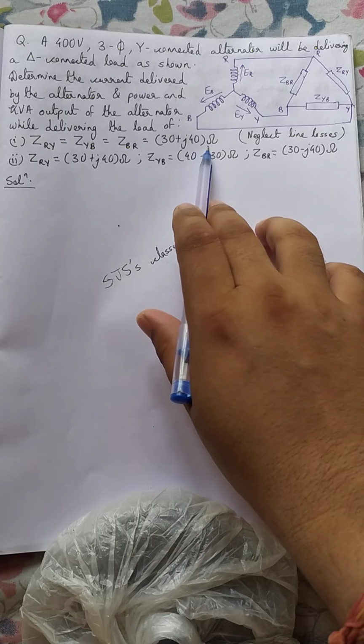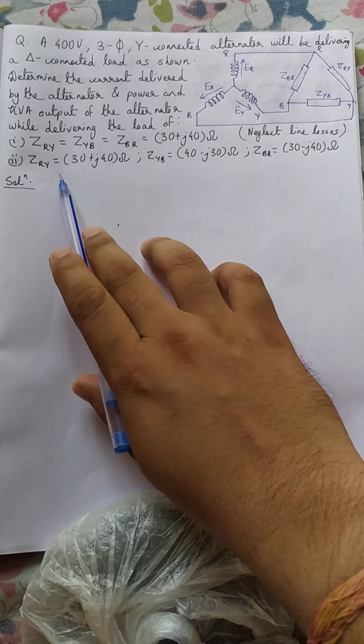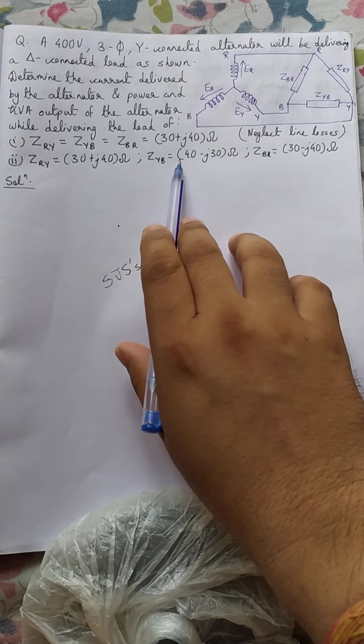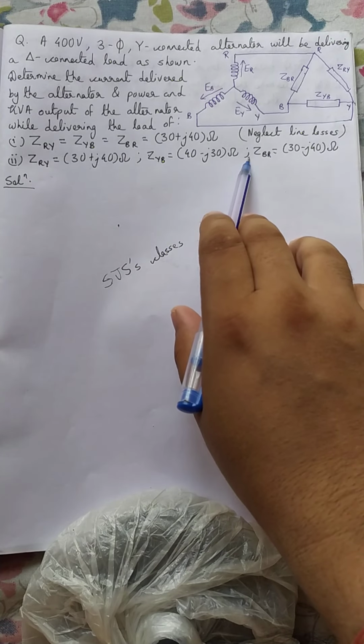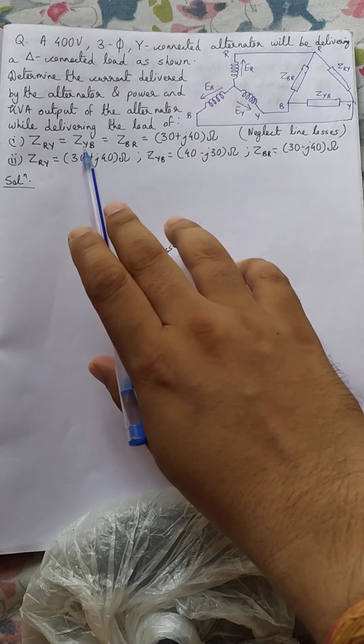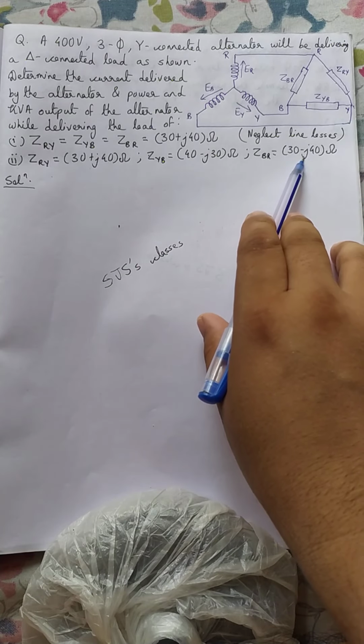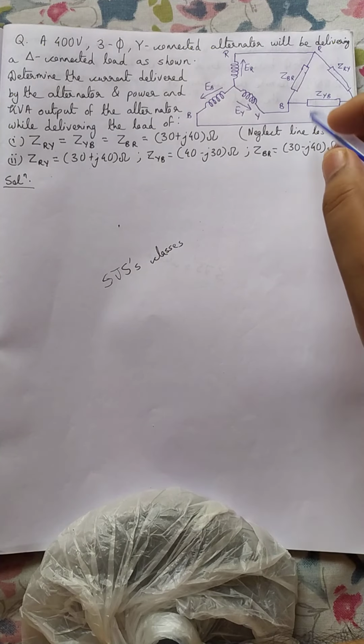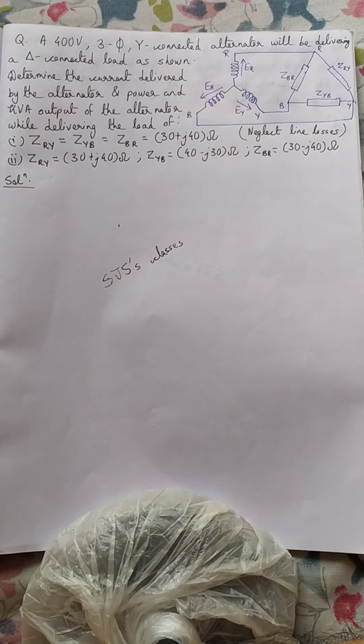The next one is an unbalanced load: ZRY is 30 plus j40, ZYB is 40 minus j30, ZBR is 30 minus j40. All the three loads in this delta connection are different, so it's an unbalanced condition. We have to find the three readings for these two cases.